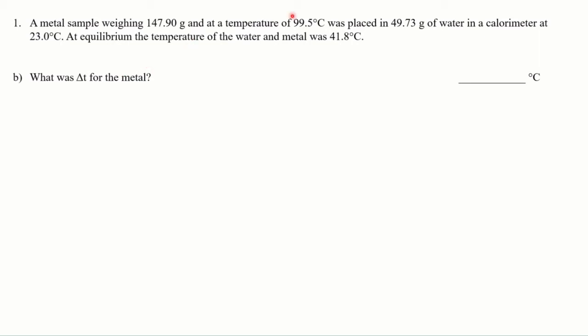So if we look, the initial temperature of the metal was 99.5 degrees Celsius. And the final temperature was the equilibrium temperature, 41.8 degrees Celsius.